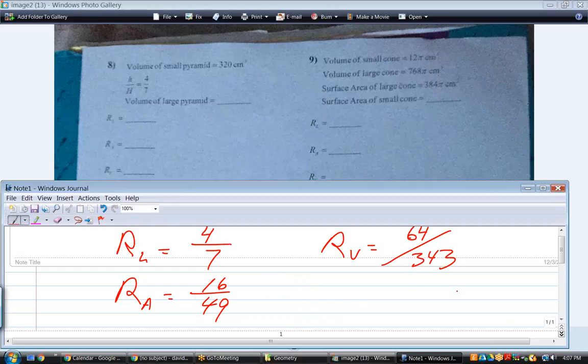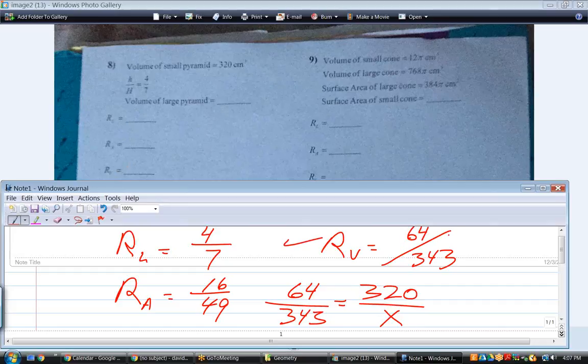What we have is the ratio of the volumes: 64 is to 343 as the volume of the small pyramid is to the volume of the large pyramid. You see how I got that ratio? We went through and calculated all of these R's so that we could figure out what the volume ratio was going to be.